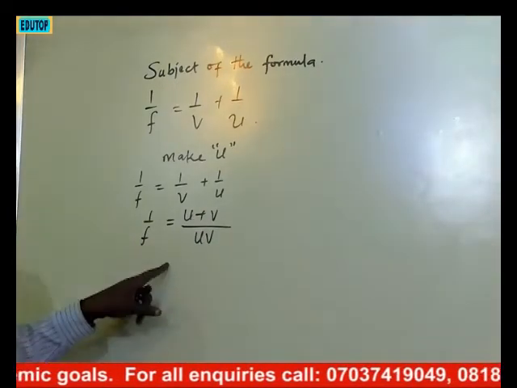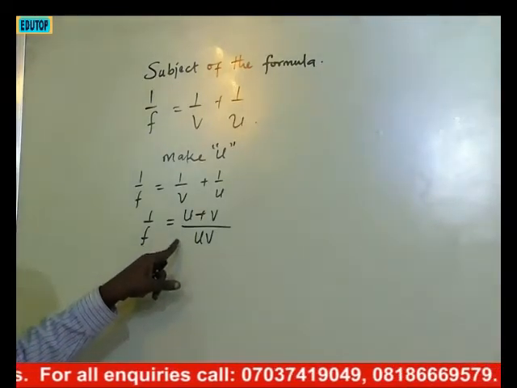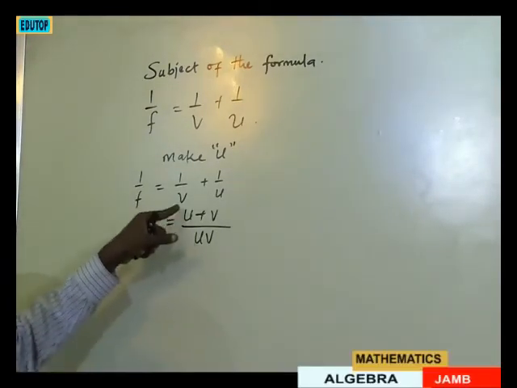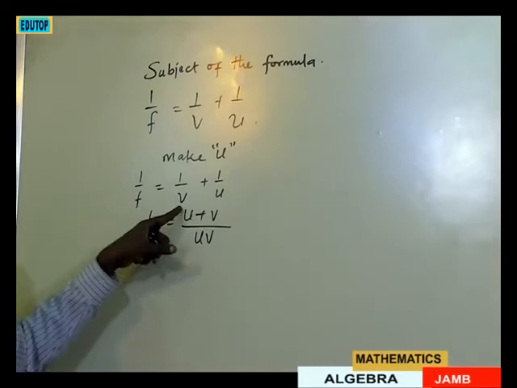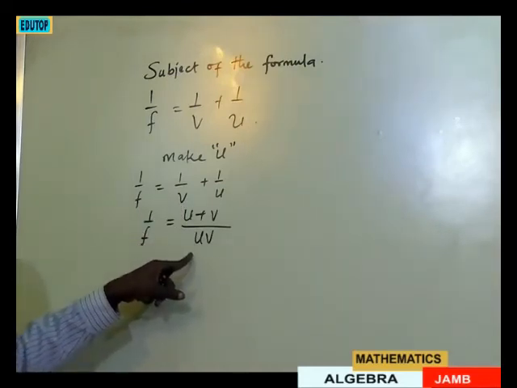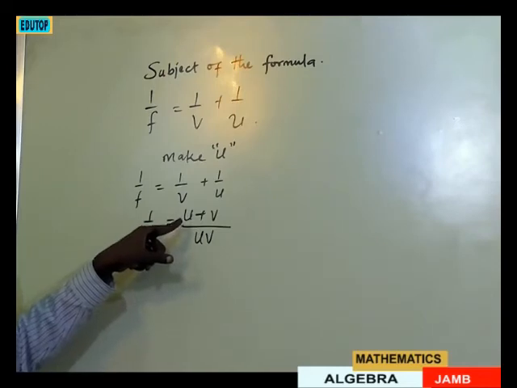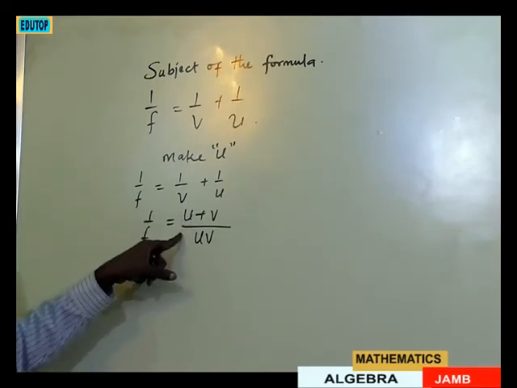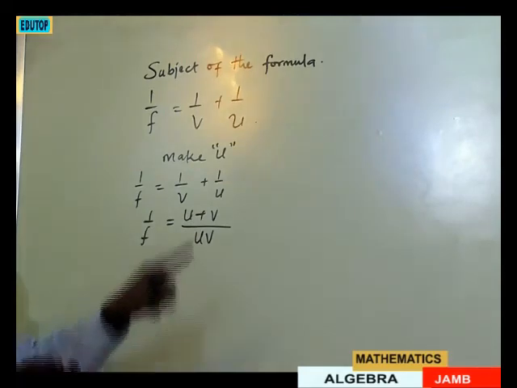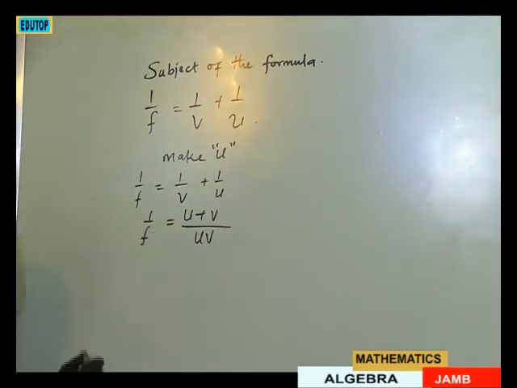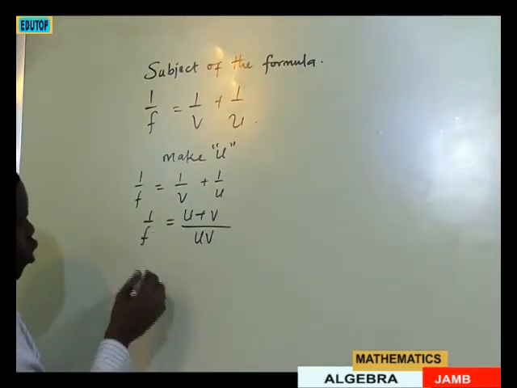If you look at this point, you should note that u appears twice. You have it in the numerator, you also have it in the denominator, and your interest is to express u in such a way that it will stand alone. So in this situation, the first thing we need to do here is to cross multiply.